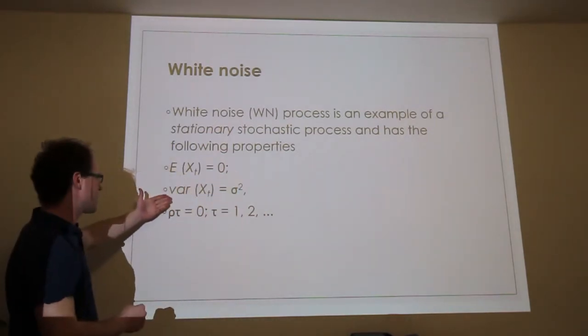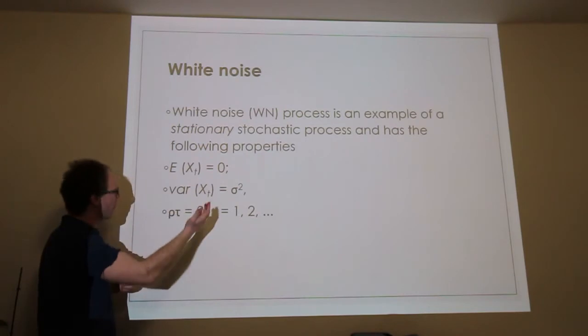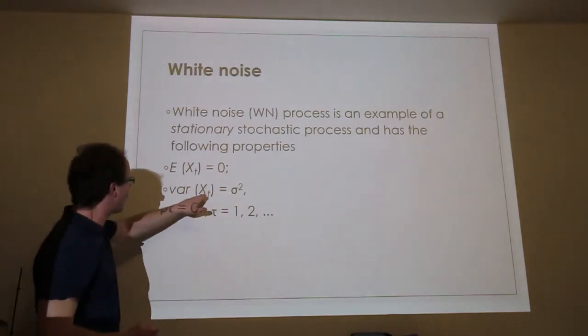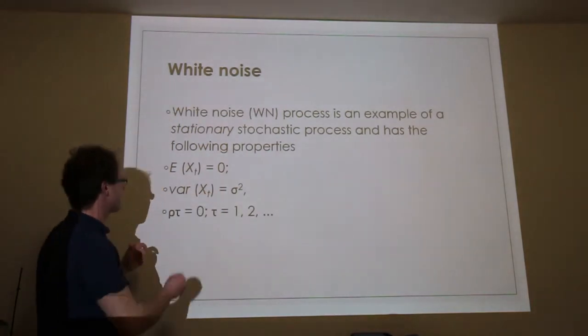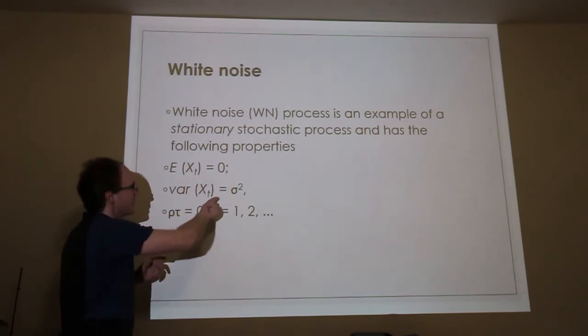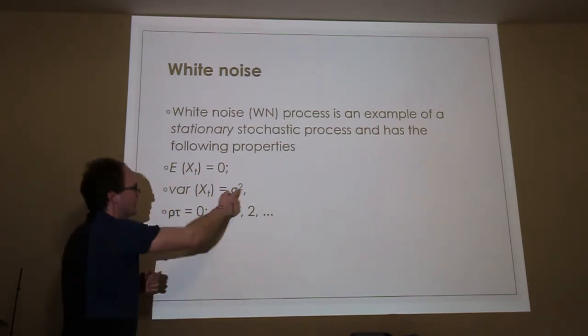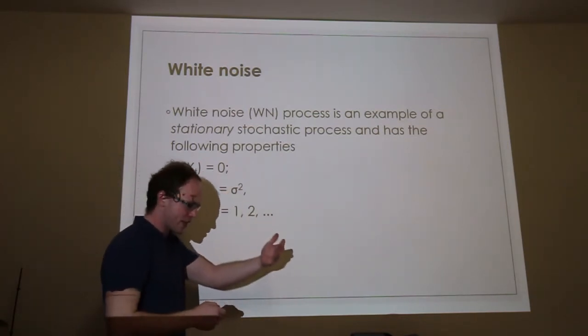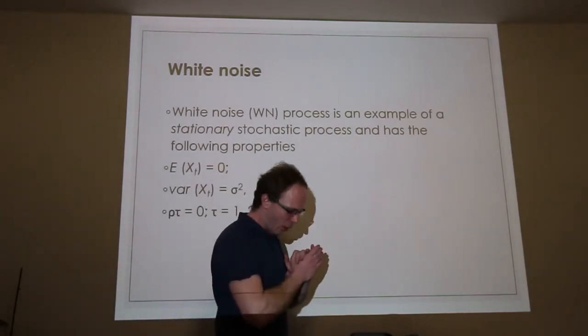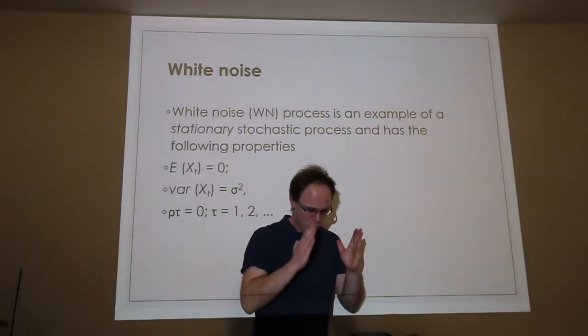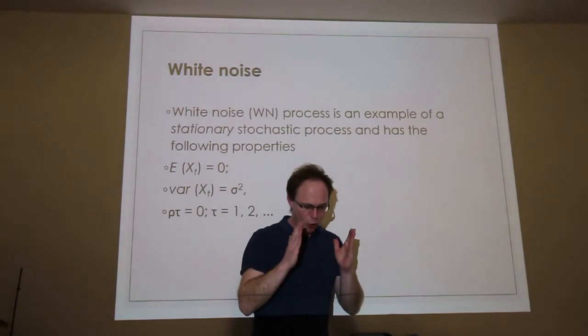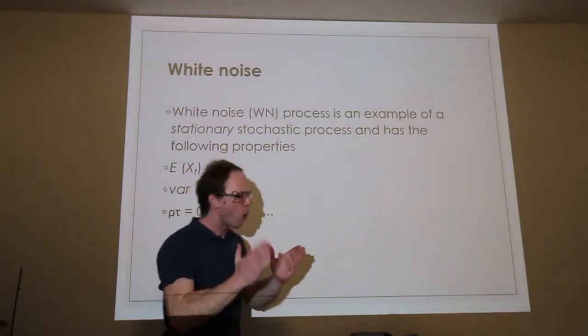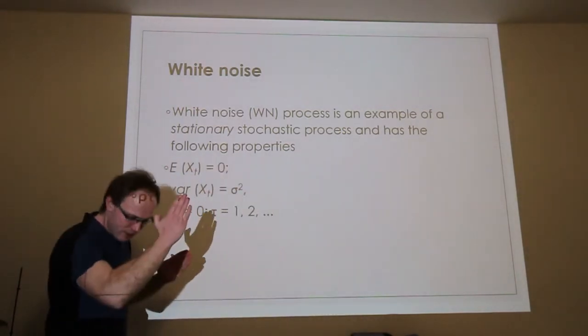The variance, the measure of variability, variance of this white noise process, xt, is equal to sigma squared, and this is the same characteristic and the same meaning which I already said before. So the variance must be constant in time and finite. Yes?